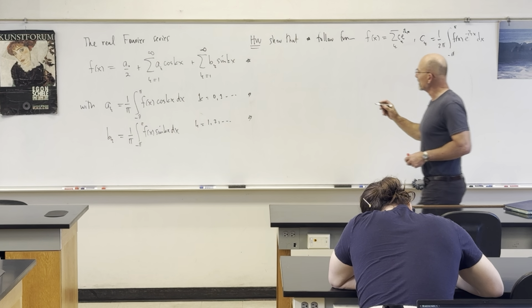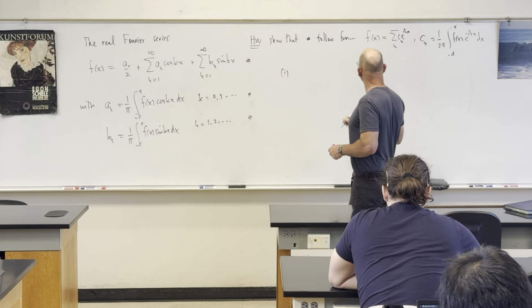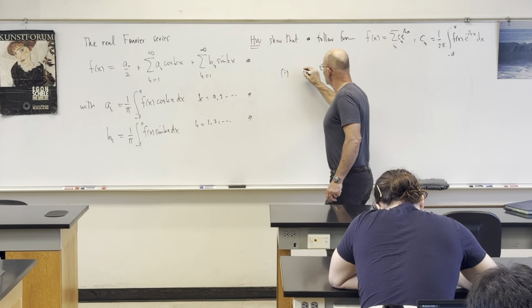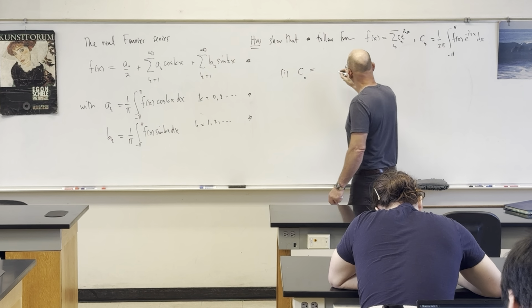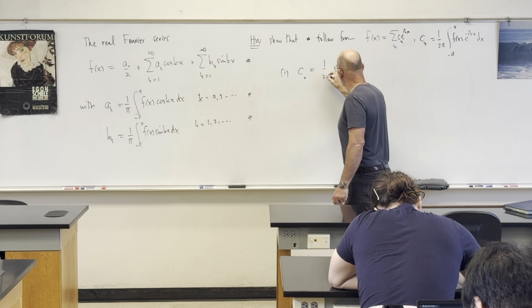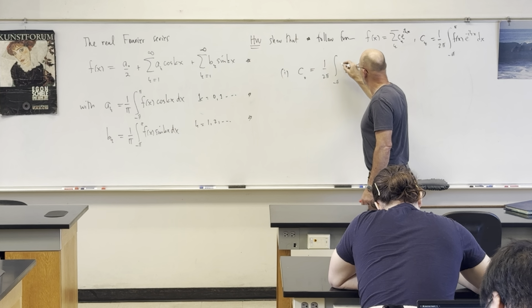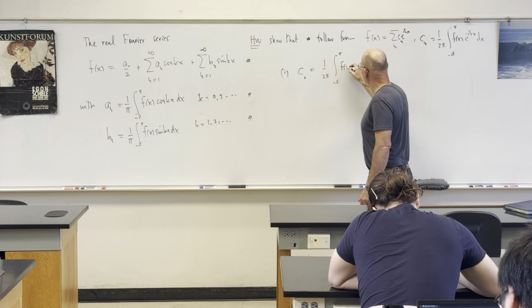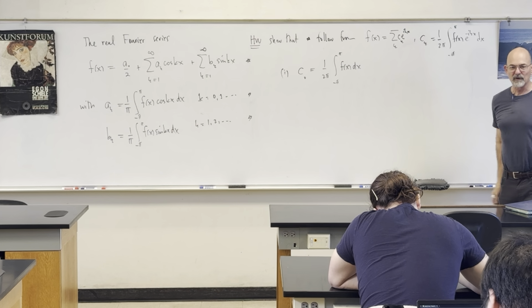And the way we'll do this, what do we have for c sub 0? C sub 0 is just 1 over 2 pi, the integral of f of x dx, because when k is equal to 0, we just have e to the 0, which is 1.